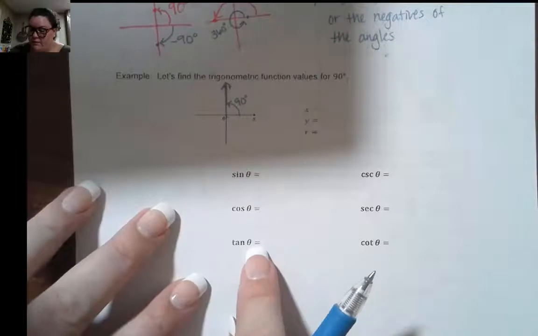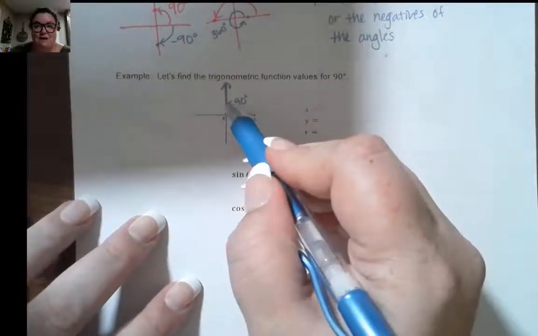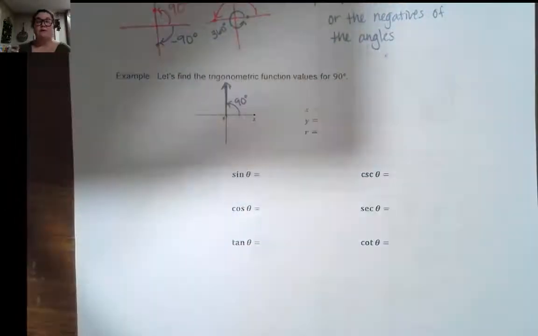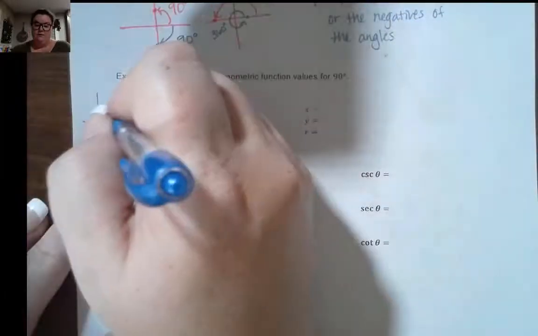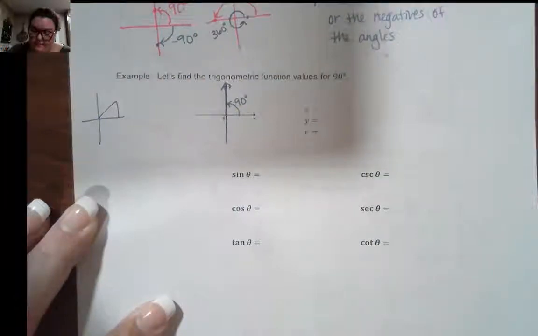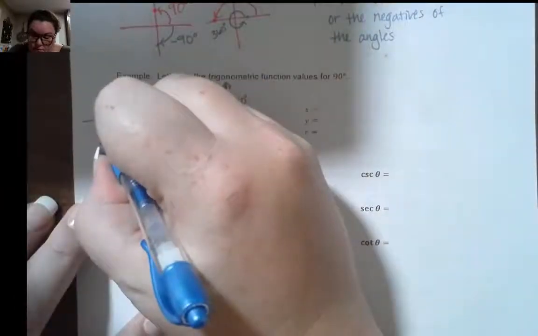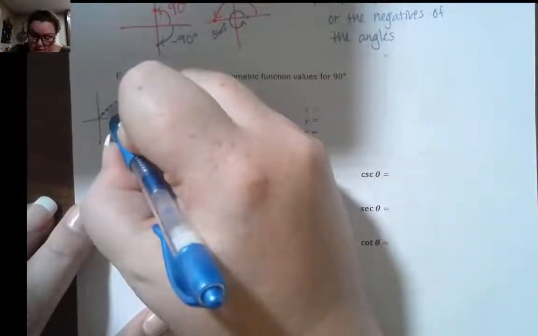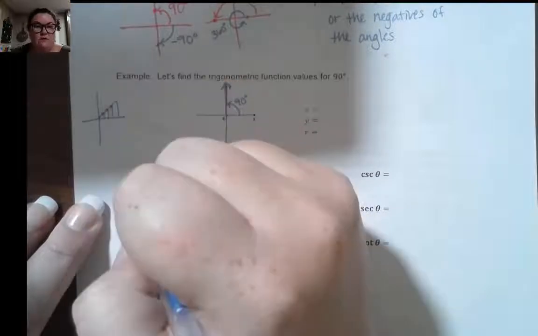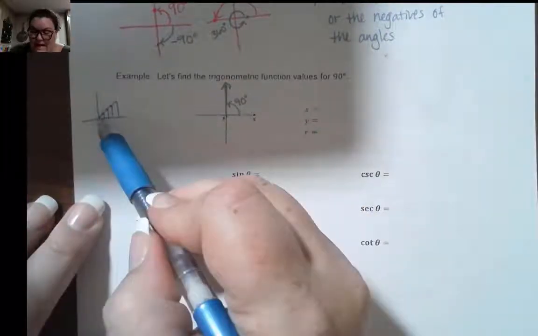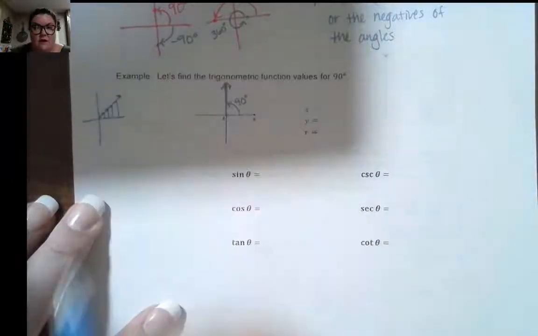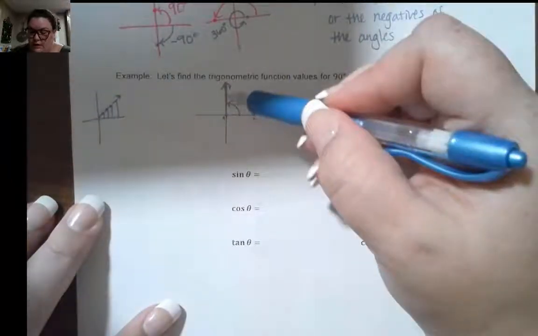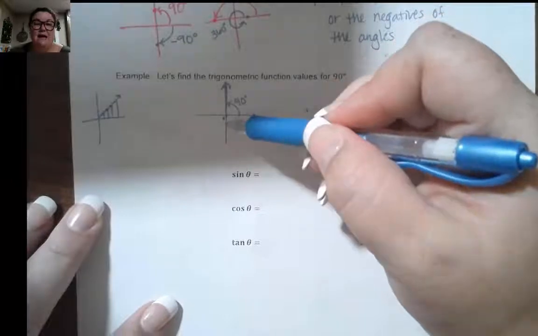So what we need to do is we need to pick a spot, a point on this. Now remember how we talked about back when we had, you know, one that made a triangle, right? We talked about how we could choose this point, we could choose this point, we could choose this point, right? Because these are all going to create similar triangles. So I can pick any point on that terminal side, that ray. So the same thing is true if my terminal side happens to lie on an axis, right?